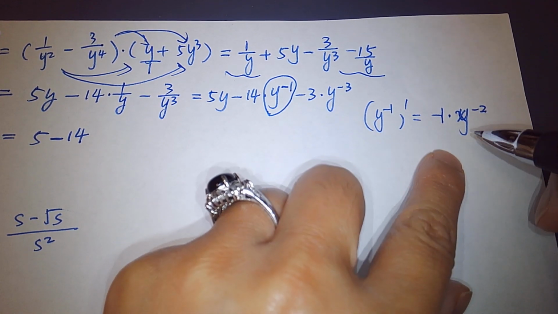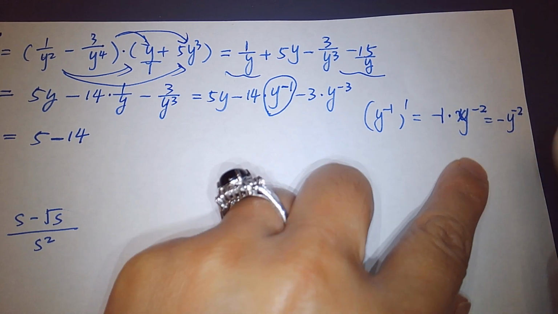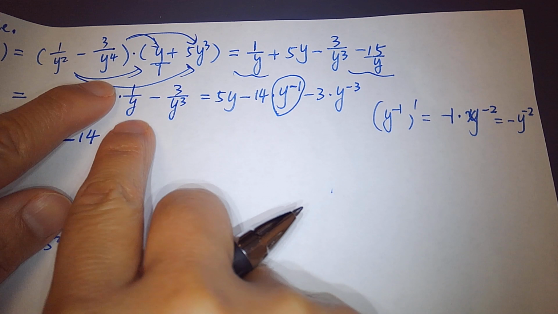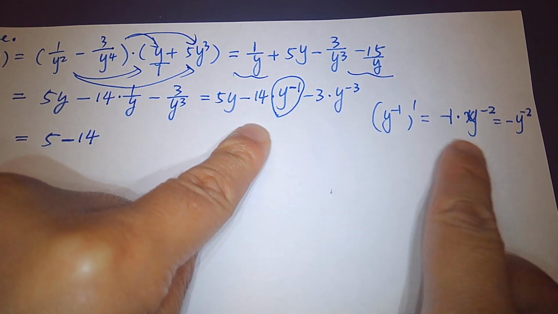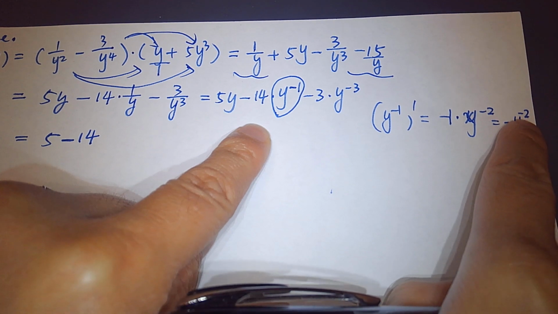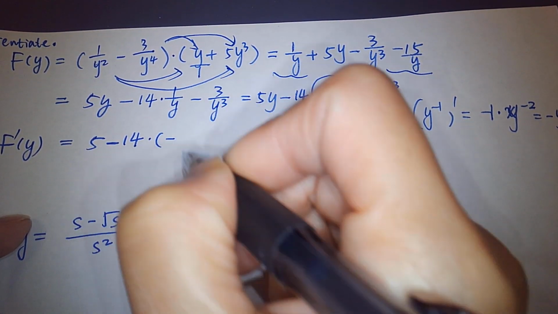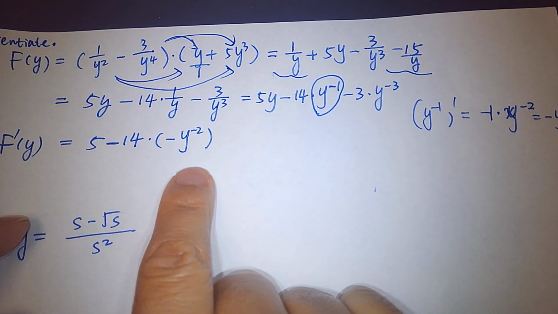Negative 2. So actually it equals negative y to the negative 2, right? So y to the negative 1's derivative equals negative y to the negative 2. So I'm going to write it here, okay? Negative y to the negative 2, right?